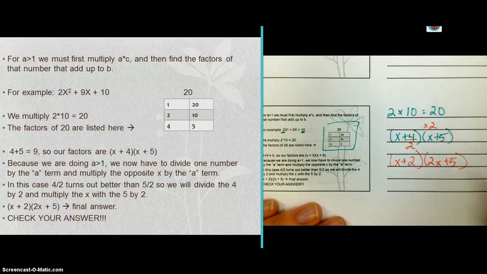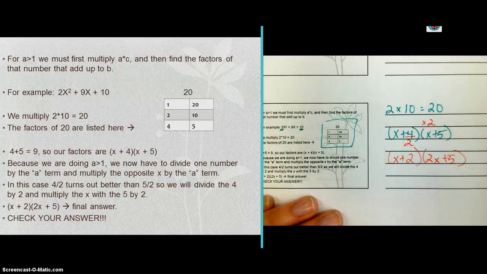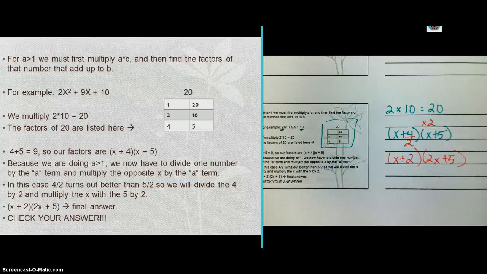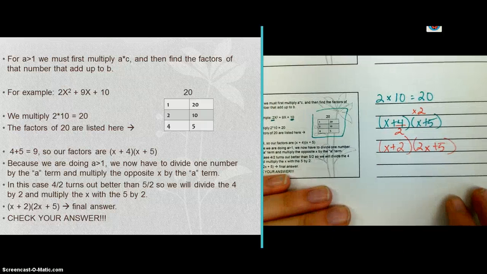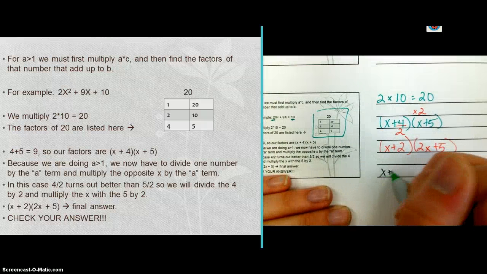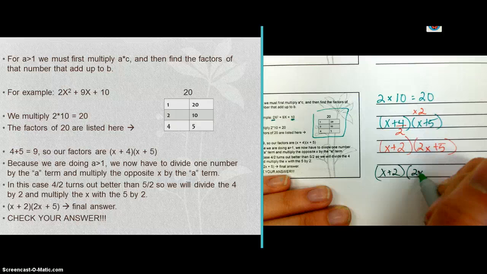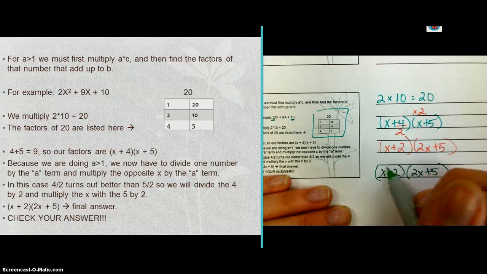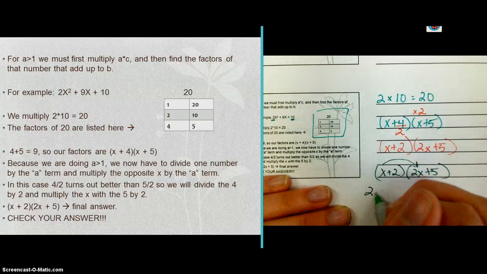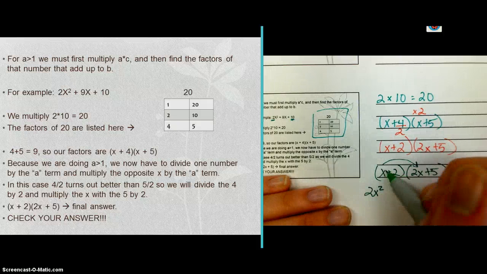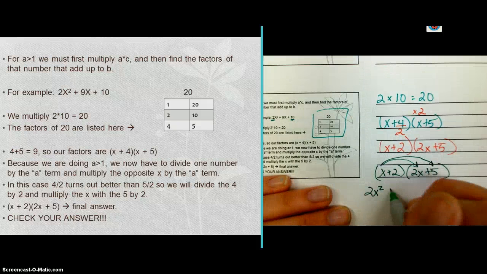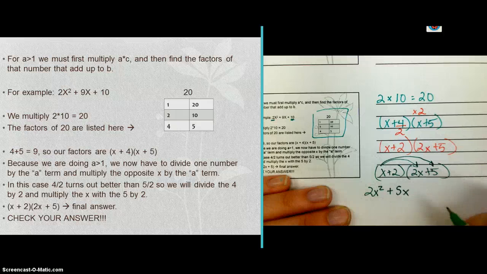So these are the factors that I've gotten, and I want to check to make sure they're correct. I'll check this by multiplying them back together. So I have x plus 2 and 2x plus 5. X times 2x gives me 2x squared. X times 5 is 5x. 2 times 2x is 4x.